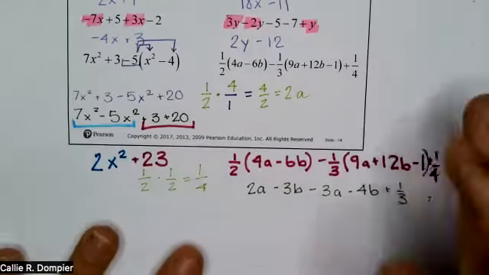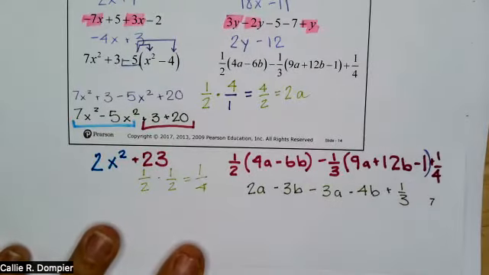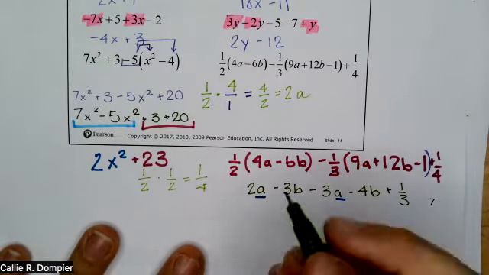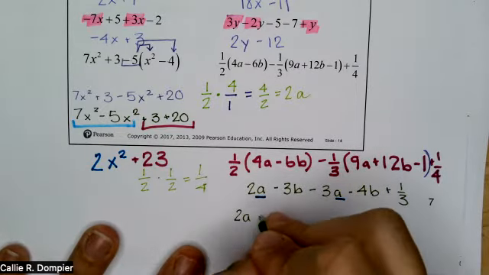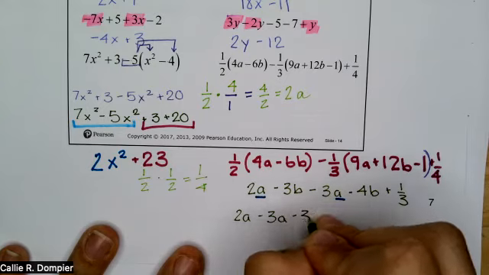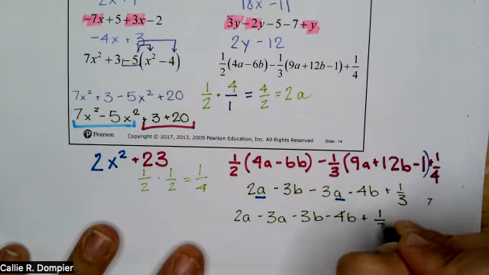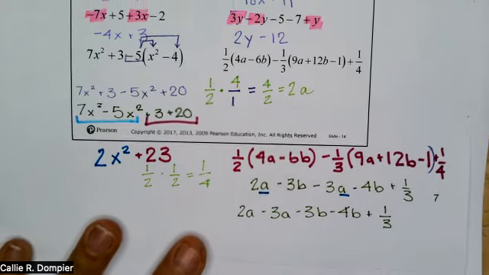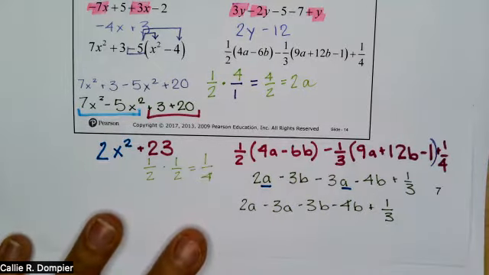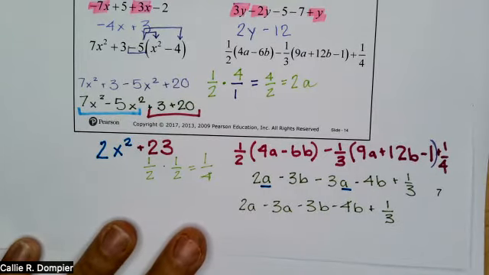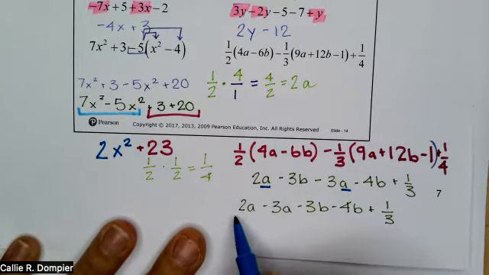So now we're just going back to putting it in alphabetical order. Put the a's first and then put the b's. So we have 2a minus 3a minus 3b minus 4b plus 1/3. It's at the end because it's the constant, or it doesn't have any variable, right?